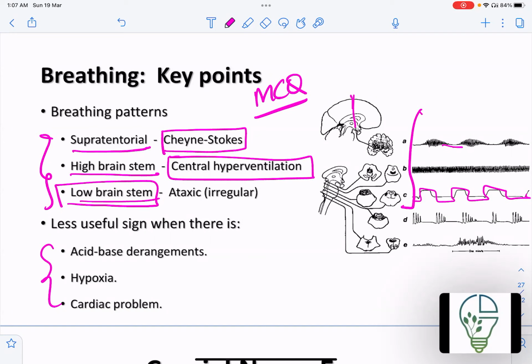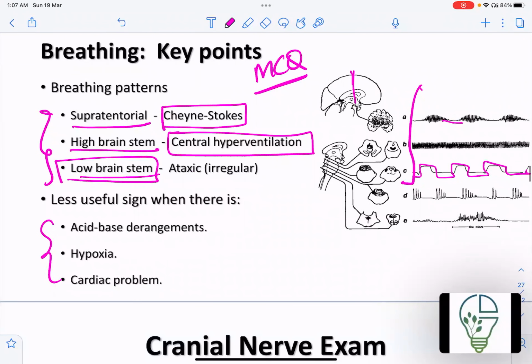So it's not like a 100% diagnosis in the patient. When there is an acid-base derangement, for example, the patient is hypoxic, hypercapnic, the patient will be hyperventilating or so on. So there could be changes like hypoxia, cardiac issues. The patient could have a pulmonary edema because of which the patient is hyperventilating, and other causes because of which they can have breathing pattern changes, right?